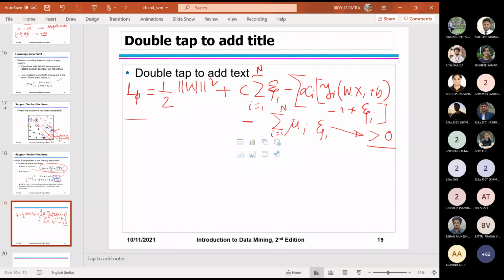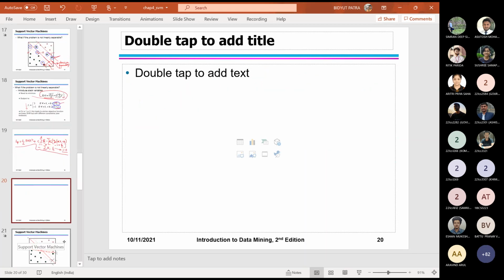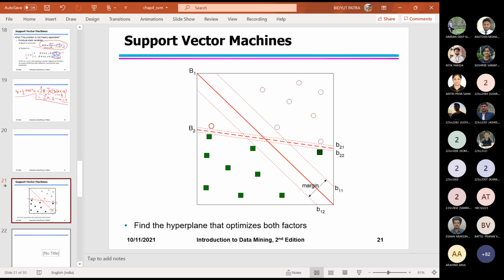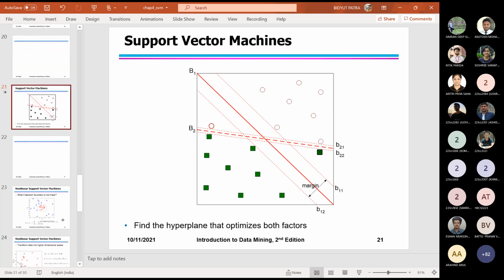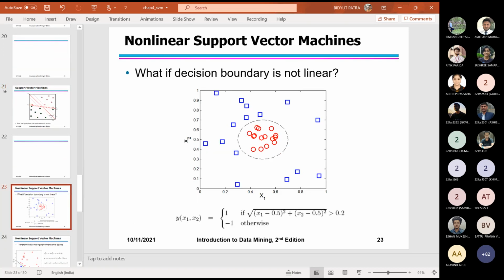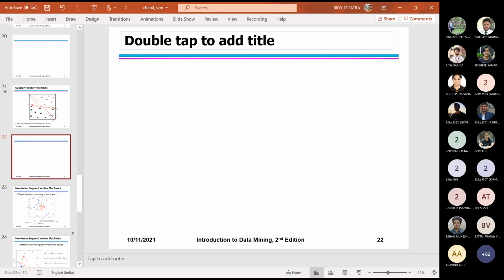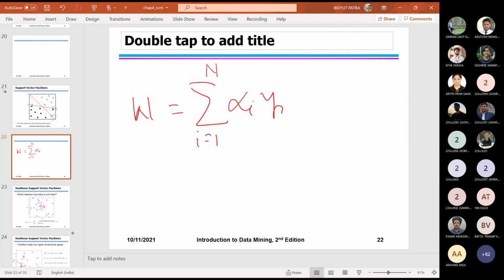So therefore that objective function will entirely change, but interestingly, we can see that if you derive it, finally what we'll get here is that w will be summation over i equal to 1 to n of alpha_i y_i x_i. This will not change.